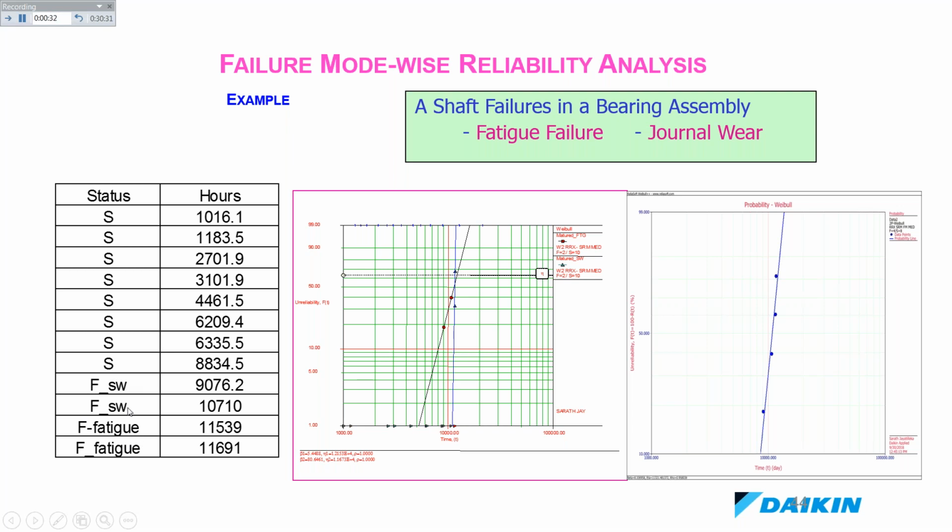Right censor the fatigue and look at the shaft wear. And at any timeline point, the reliability would be the product of the 2 reliabilities, which would be the exact reliability, the right reliability, not putting all the failure modes into one. So we encourage the failure mode wise reliability.